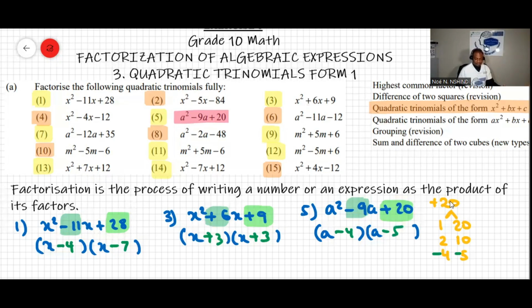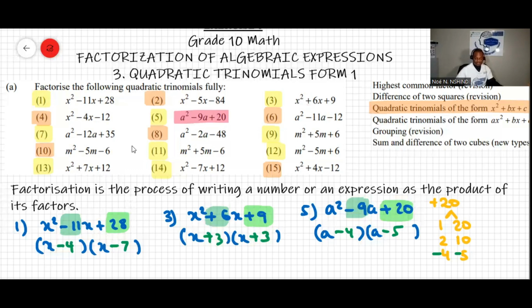Now I'll leave 7, 9, 11, 12, and 13 for you to practice. It's going to be always the same. Now I want you to notice one thing. Why did I select the yellow ones first?